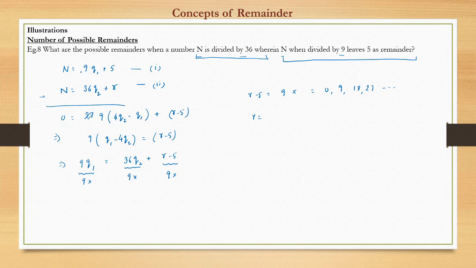And r has to be less than 36, because the remainder is always less than the divisor. So r can take the value 5, or 14, or 23, or 32.